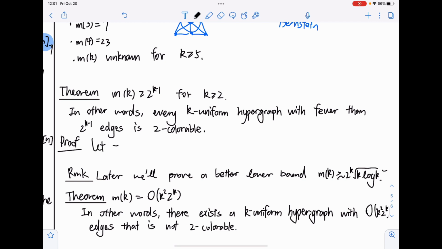We let there be m edges, where m is less than 2 to the power of k minus 1.